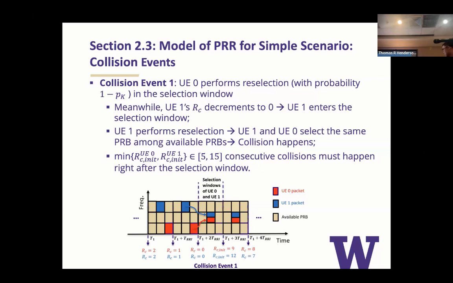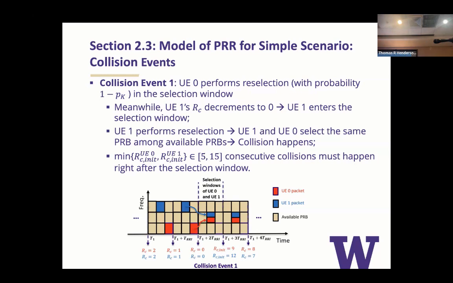At the end of the selection window at T1 plus 3 TRI, UE0 will initiate an RC value, which is equal to 9, and UE1 also initiates an RC value, which is equal to 12. After RC is set, this PRB will be reserved for RC initial RIs.